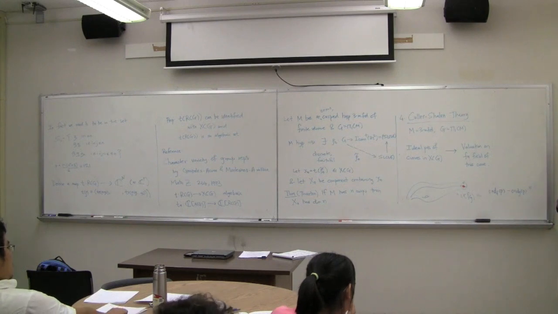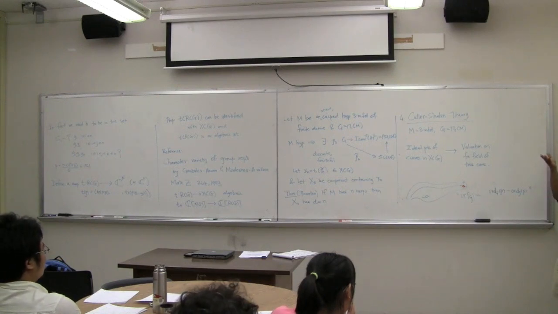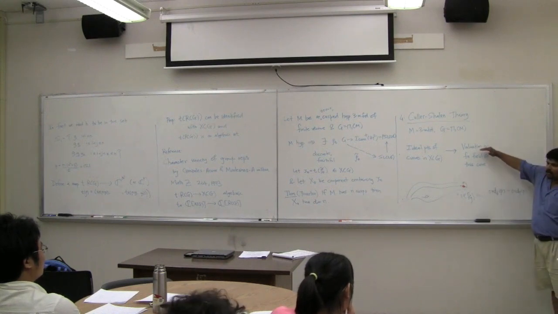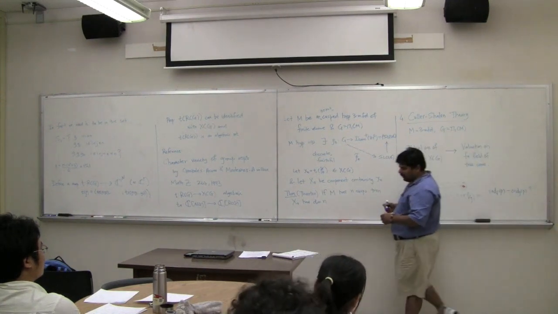You take any integer and you look at the number of powers of 2 in it, say. Then you take any rational number and you look at the number of powers of 2 in the numerator minus the number of powers of 2 in the denominator. That gives you the p-adic valuation on the rationals. It's exactly the same thing: you're getting a valuation on the function field of this curve.